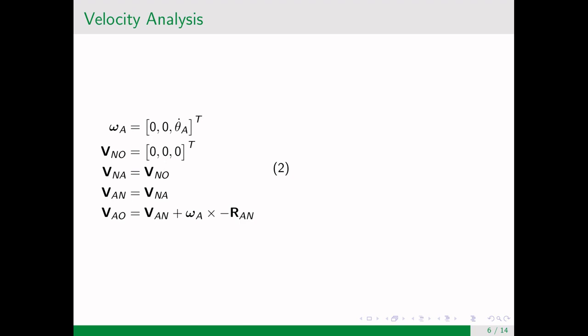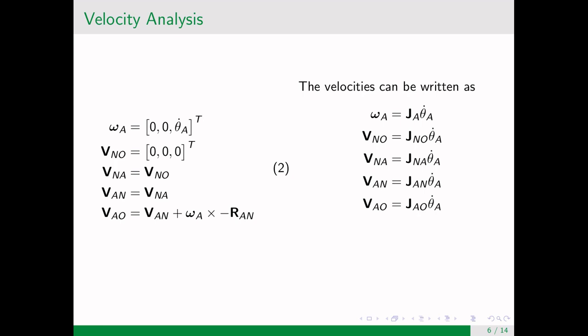Next is velocity analysis. We have the angular velocity 0, 0, theta A dot, omega A, and the velocities can be computed using the equations shown in the slide. We can also write the velocities in this form, where any velocity v is equal to the Jacobian J times theta A dot.